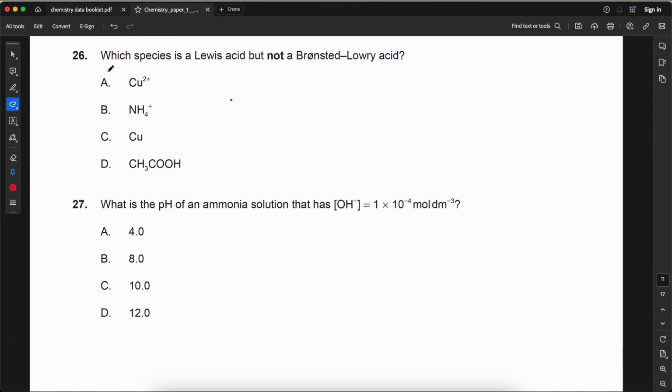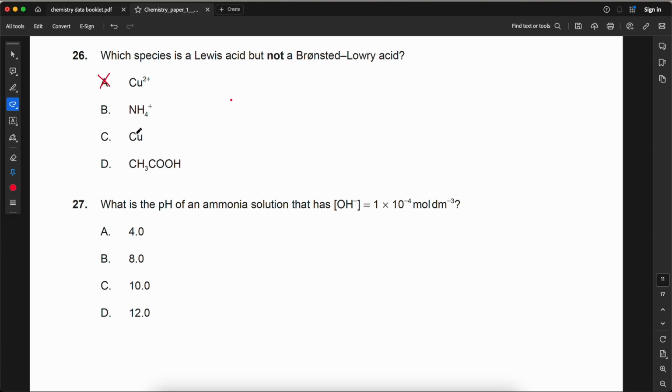Which species is a Lewis acid but not a Bronsted-Lowry acid? Lewis acid means lone pair acceptor, and Bronsted-Lowry acid means proton donor. So Cu2+ is able to accept a lone pair but not able to donate a proton. NH4+ is able to donate a proton only.